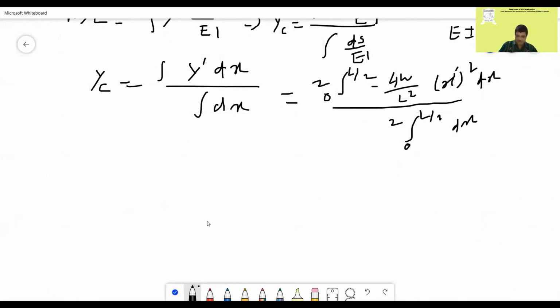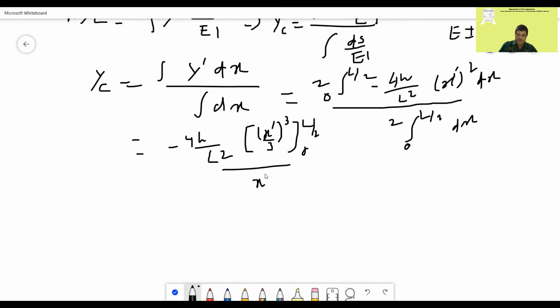This will come as minus 4h by L square into x dash cube by 3, varying from 0 to L by 2, divided by x dash varying from 0 to L by 2. The 2s cancel. So this comes out to minus h by 3.